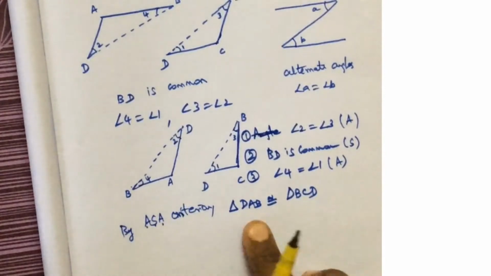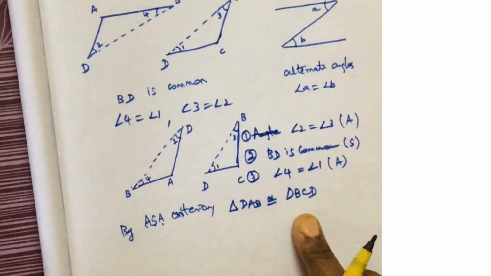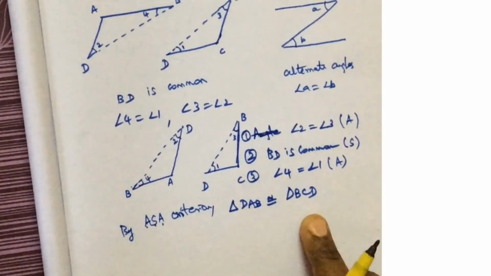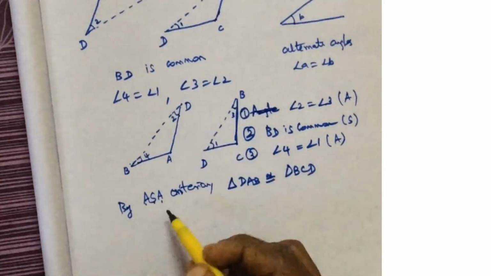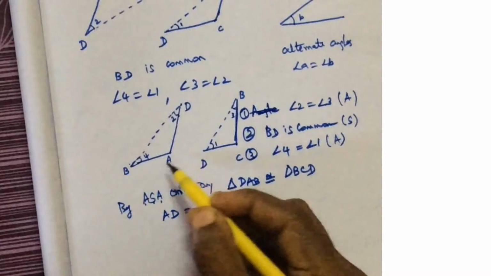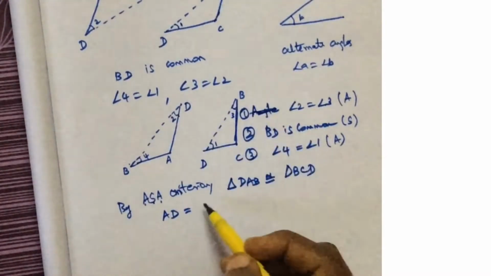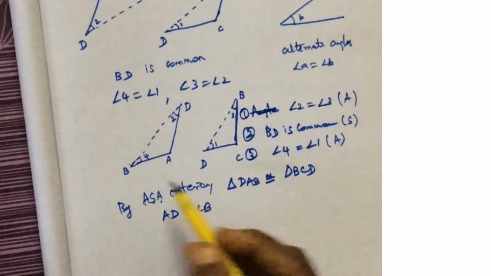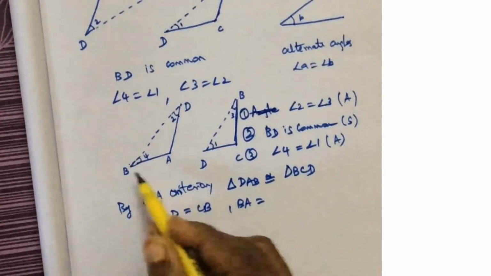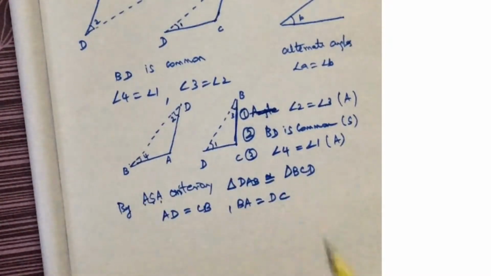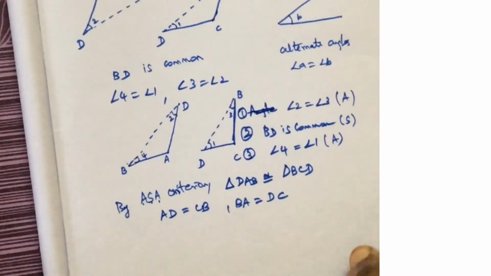Which means these two triangles exactly overlap on each other. So by that we can say this AD is equal to this CB. And then this BA is equal to this DC. So what is this AD and CB?